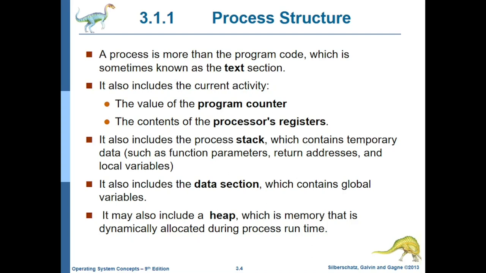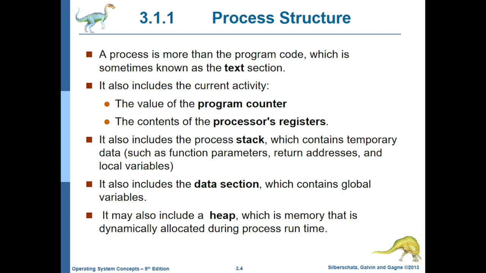Another component is the processor register, which stores temporary data such as operands and results of arithmetic operations. These components are part of the context of the process, which is the information that the operating system needs to save and restore when switching between processes.